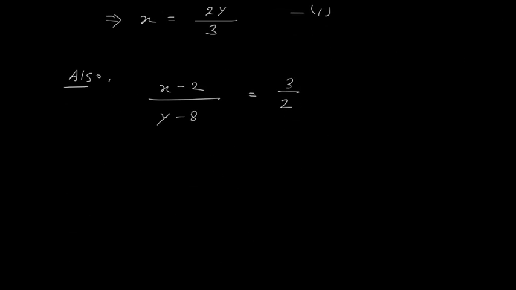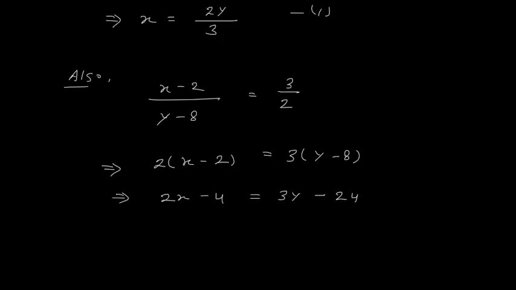Therefore this implies that 2 times x minus 2 is equal to 3 times y minus 8. So we will open the bracket. We have 2x minus 4 equal to 3y minus 24. So this implies 2x minus 3y is equal to minus 24 plus 4, which is minus 20.